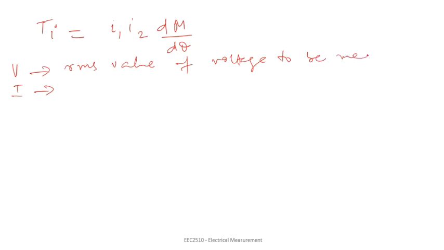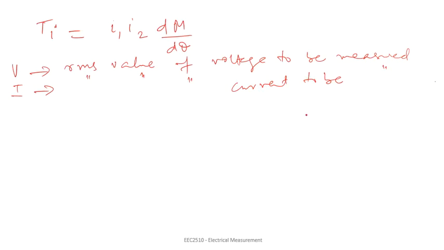Now suppose that V and I represent the RMS values of voltage and current to be measured.